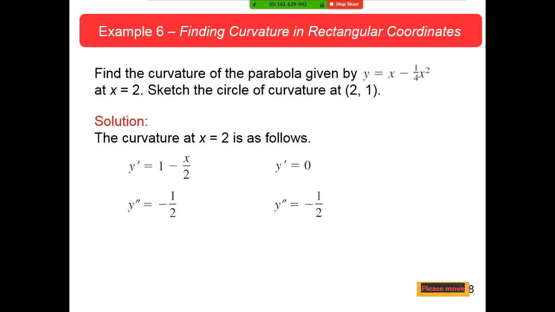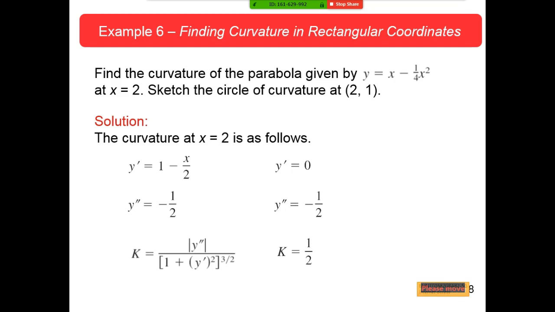Then your curvature is the absolute value of the second derivative, which is 1/2, divided by 1 plus y prime squared to the 3/2 power. Y prime is 0, so it's 1/2 divided by 1. That makes it a little bit easier to do than the way I did it. Okay, so your curvature, capital K, is 1/2.